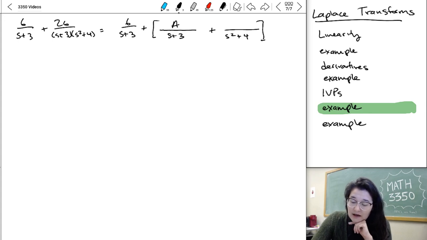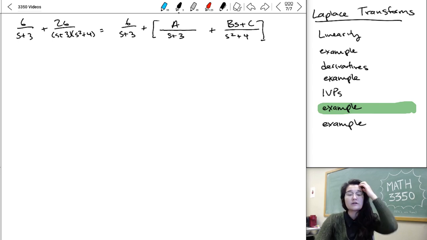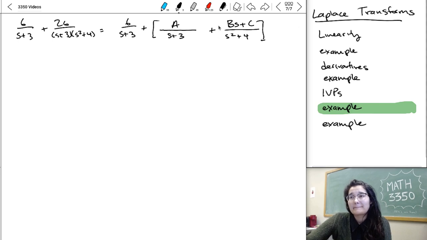The way it breaks up is that I have A over s plus 3 and Bs plus C over s squared plus 4. People often ask about how you know that this one has s on top and this one doesn't. I'm going to be trying to balance equations.